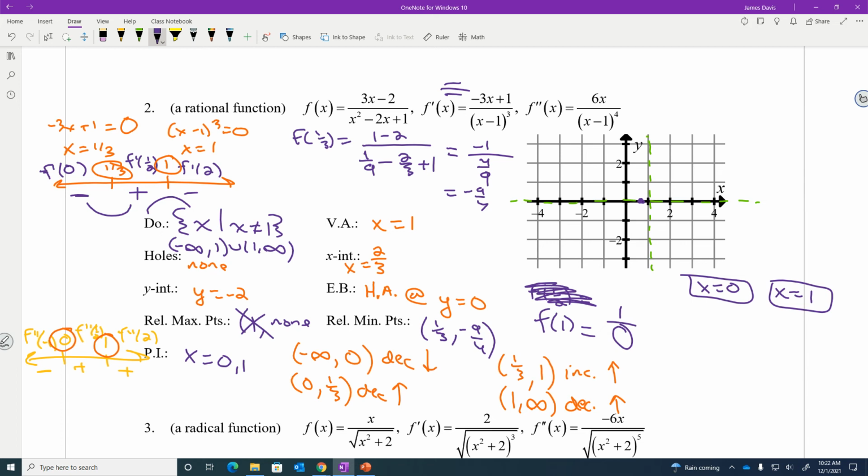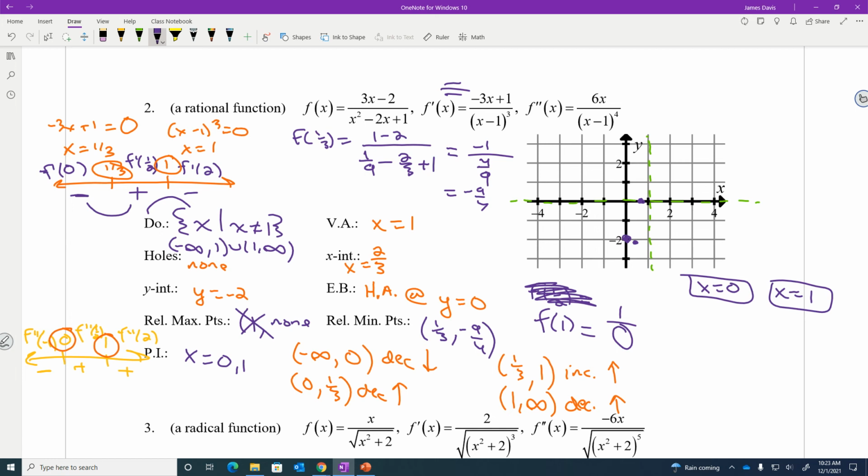And the y-intercept will be -2. And then we also have a relative minimum at 1/3, -9/4. And there's not really a lot of space to actually do what we need to do, but at any rate.